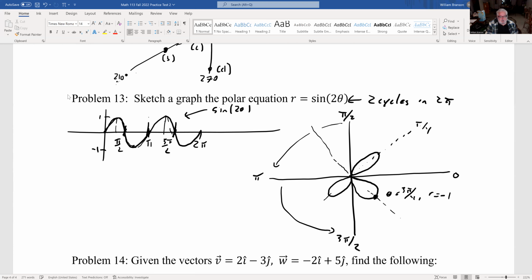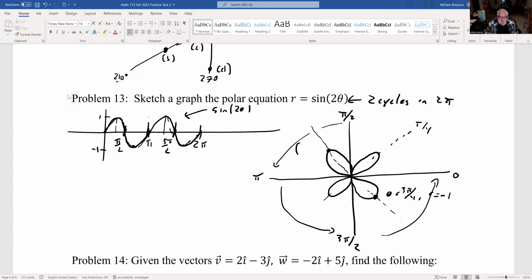And then finally, from 3 pi over 2 to 2 pi, that's this quadrant, the fourth quadrant, we have negative r's, right? r starts at 0, goes down to -1 and back up. So instead of plotting something in the fourth quadrant, we actually end up plotting it in the second quadrant.